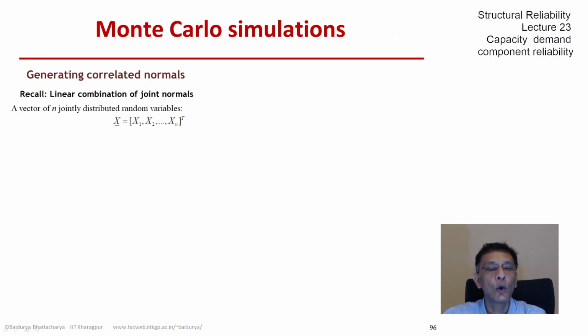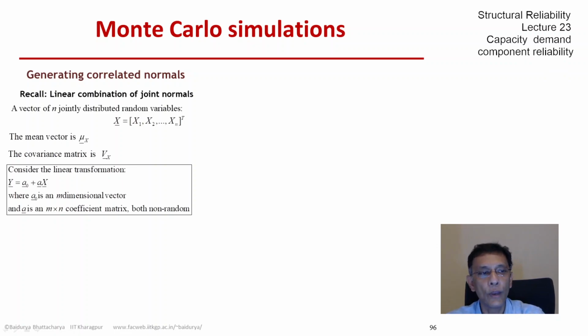We could generate correlated normals starting from independent standard normals, and let us say we want to generate a vector of n jointly distributed normal variables whose mean vector is mu and the covariance matrix is Vx.